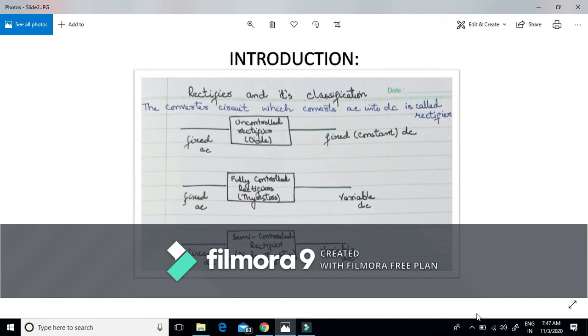Also, the direction of current remains the same, that is from the AC side to the DC side. That means our current is unidirectional in all three cases, and these converters are called line commutated or naturally commutated converters, because they can be turned off by the natural supply, or the AC supply.